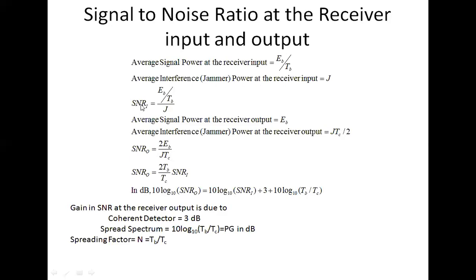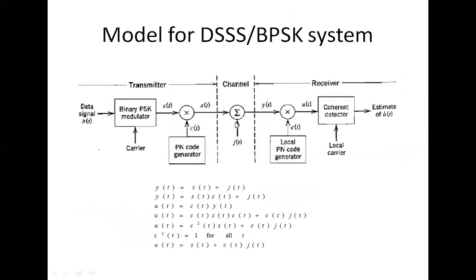So SNR_I stands for SNR at the receiver input, and SNR_O stands for SNR at the output of the receiver. First let us see this SNR at the receiver input. SNR should be the ratio of average signal power divided by average noise power. And what is the noise here? We have assumed that the interference is the jammer or the jamming signal, right? That's why we wrote y of t as x of t plus j of t.